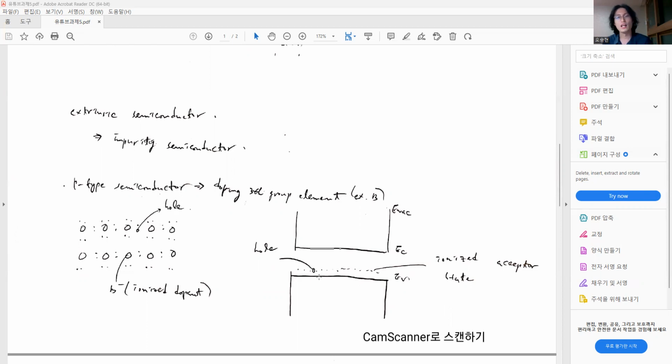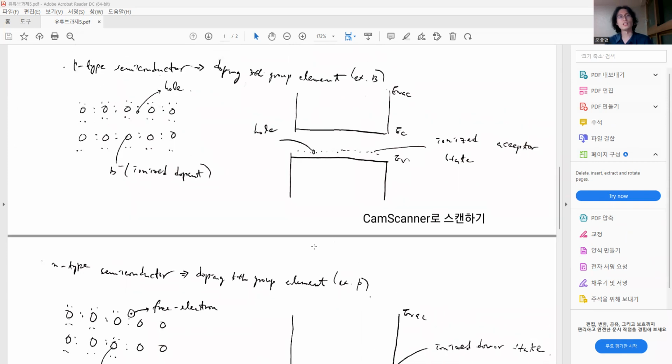When the boron is ionized, the hole in the ionized state has the state which is near to the valence band energy, so the hole can work as a carrier, which makes the better conducting of the semiconductor.